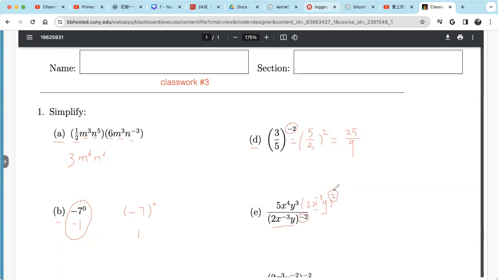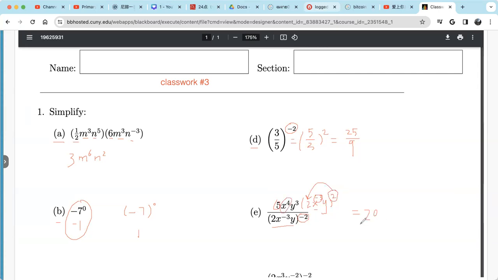Now I can distribute this power 2 to everyone, to 2. So I get a 2 raised by square, that's 4. 4 times 5, I get 20. Then 2 times -3, x raised by -3, then raised by 2, that's -6. So x raised by -6, and I have x raised by 4 here.